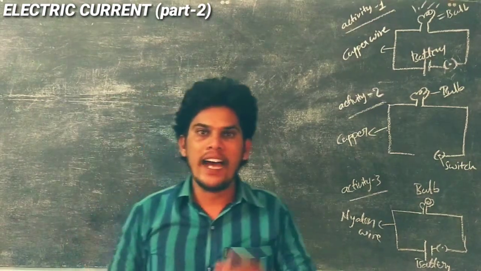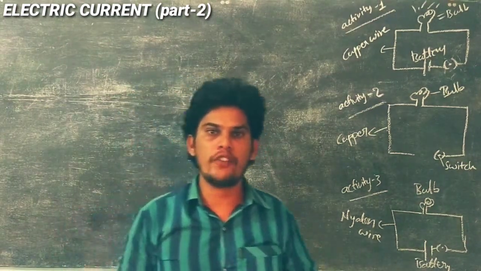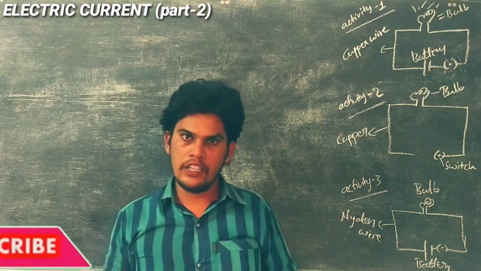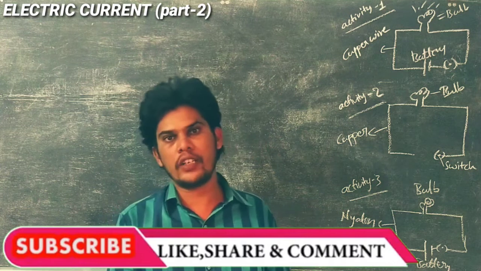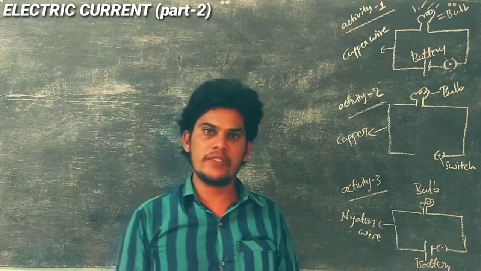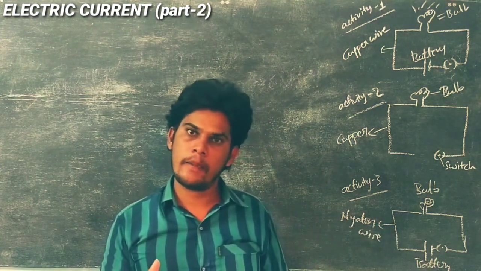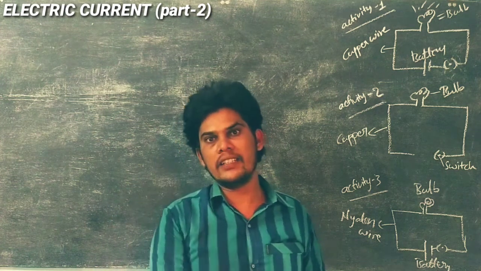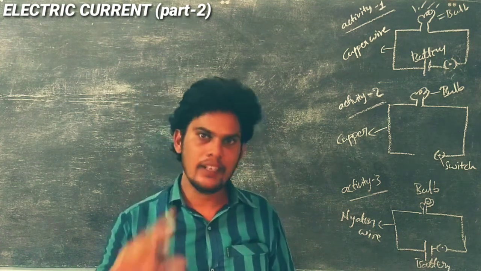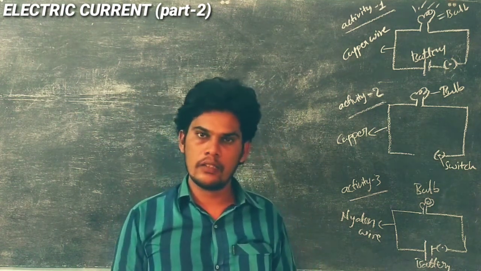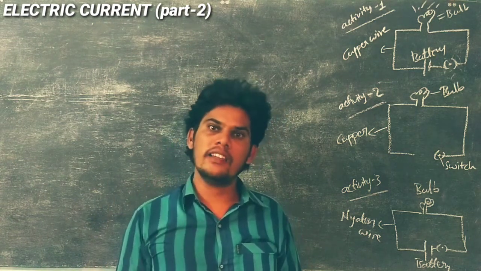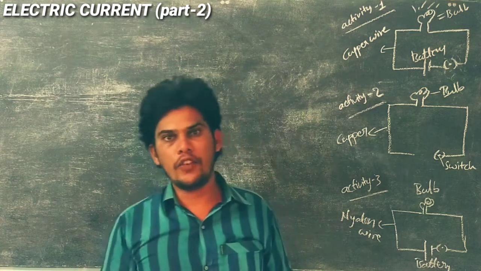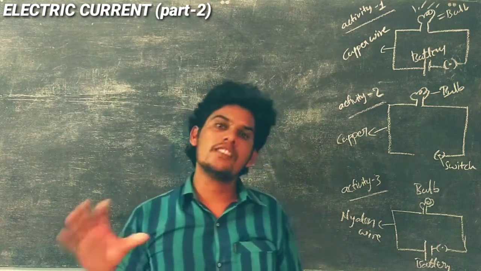I hope you understand the observation of Drude and Lorentz. In the first video, we discussed the first observation of Drude and Lorentz to classify metals as conductors and insulators. Are you clear? Then the second observation: the flow of electrons in the open circuit and the flow of electrons in the closed circuit.